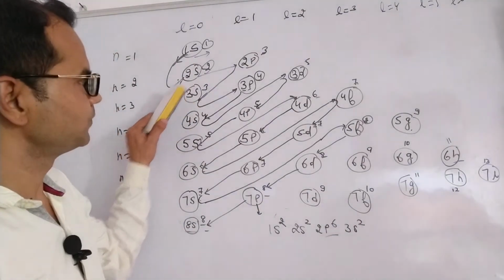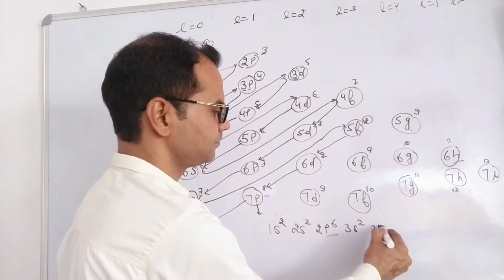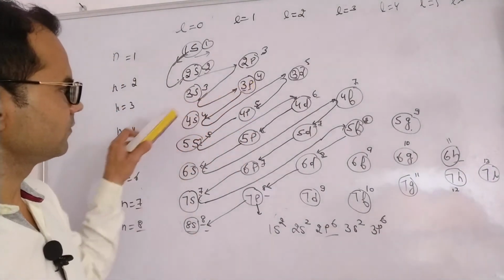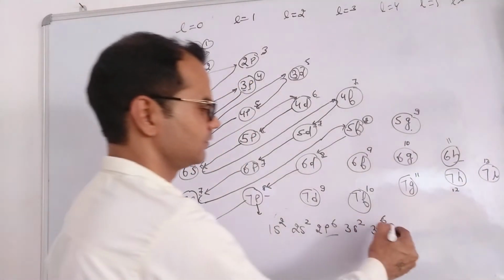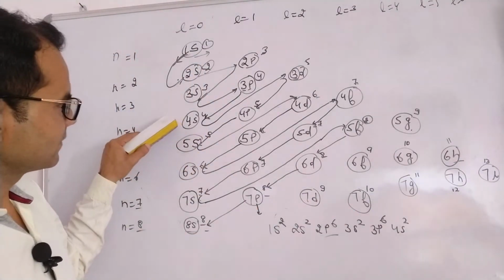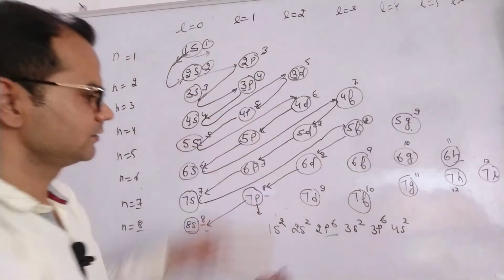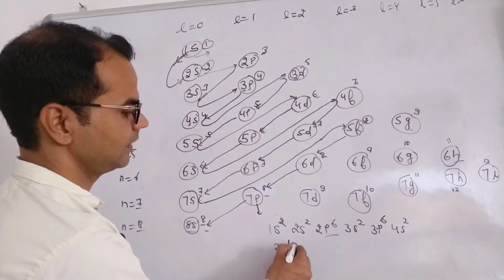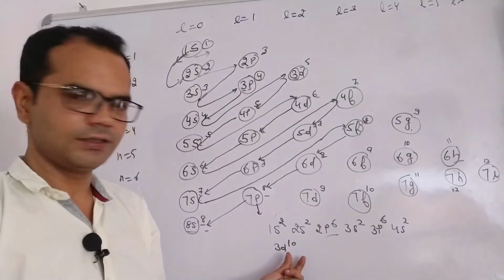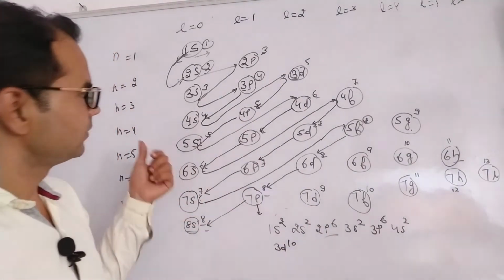Next 3s2, next is 3p6. From 3p6 we come to 4s2. After 4s we have filled 3d, and d contains 5 orbitals, so total number of electrons will be 10, 3d10.